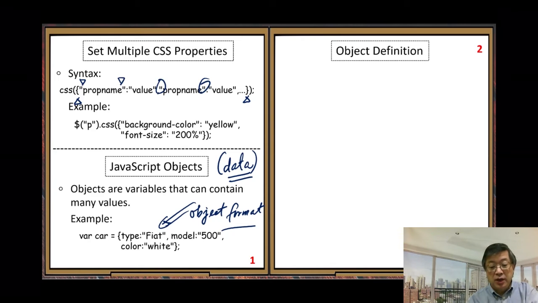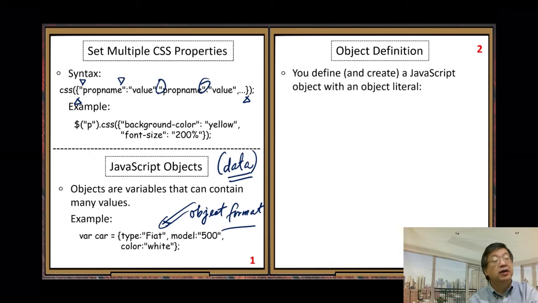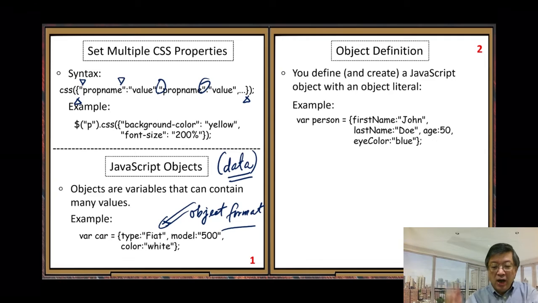Next, object definition. How do we define an object? You define and create. When you define, at the same time, that's also the creation statement. A JavaScript object with an object literal. So here is another example, an object literal in this way.